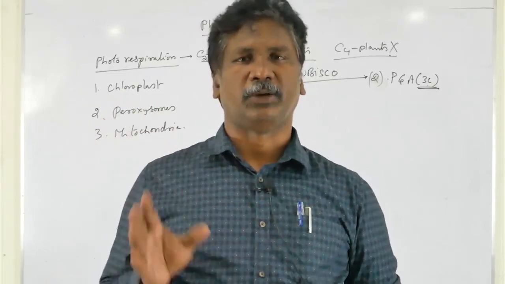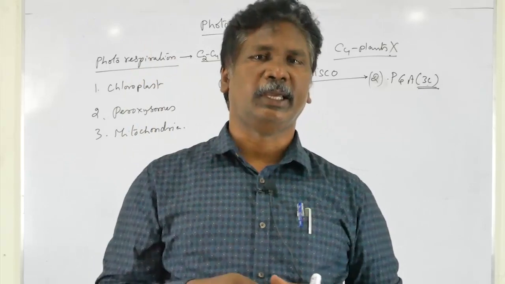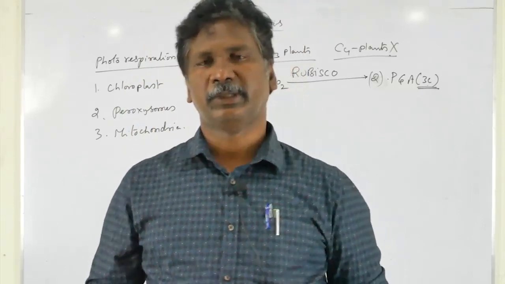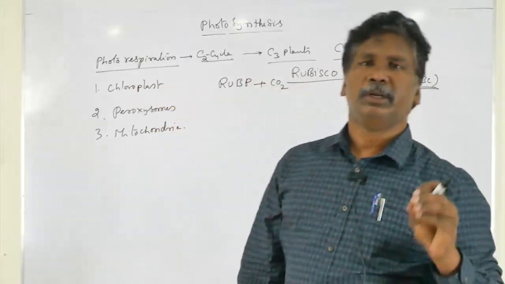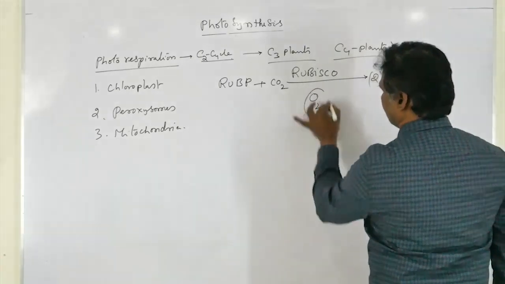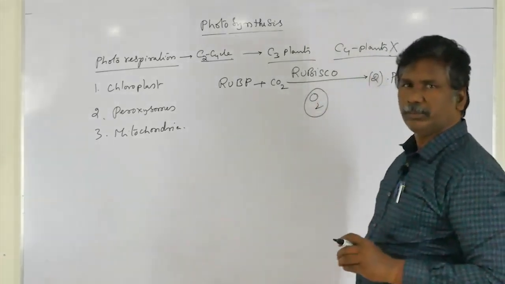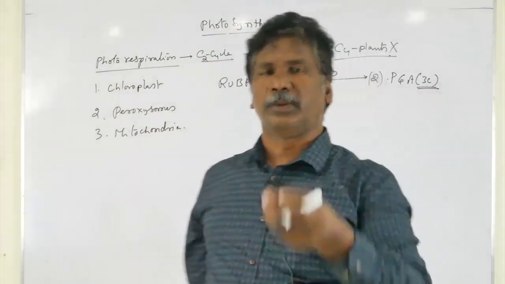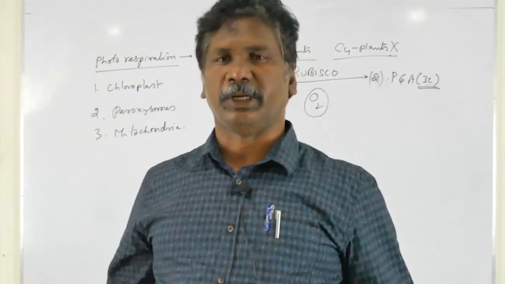At such a time rubisco acts as a carboxylase. But in high concentration of oxygen, that can initiate the process of photorespiration, ultimately decreasing the photosynthetic rate.